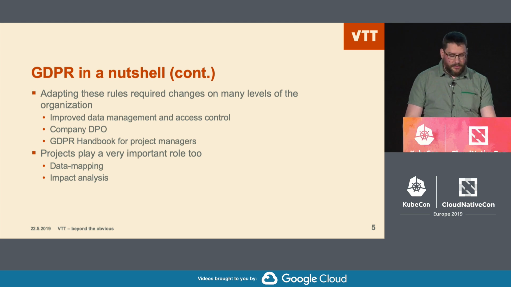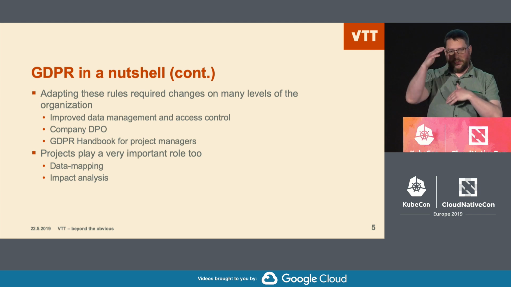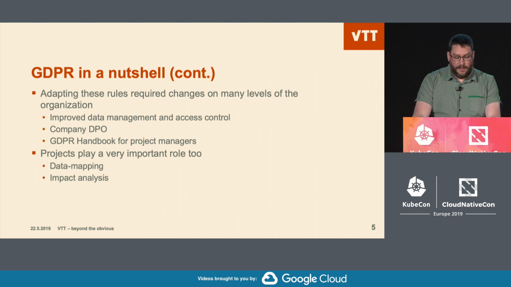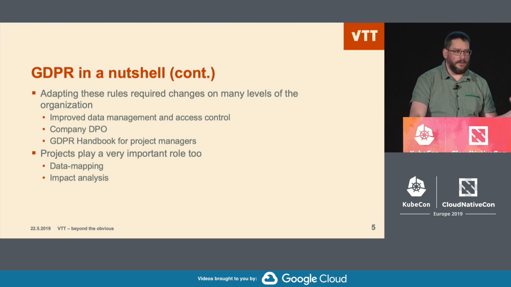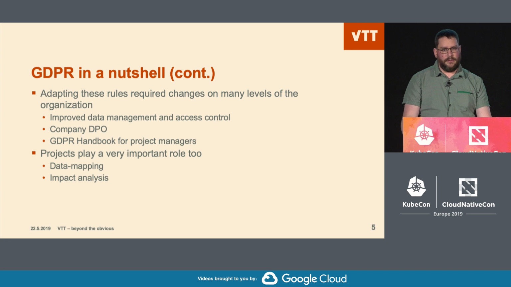Adopting these kinds of rules in our company, of course, happened on multiple levels. So we improved our internal data management and access control system. A company DPO, this data protection officer, was elected. So he is the person that, in case a user has some kind of questions or objections about our data collection system, they can contact him and get a service.